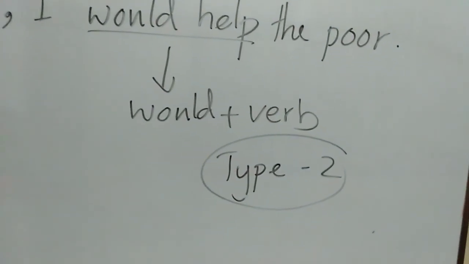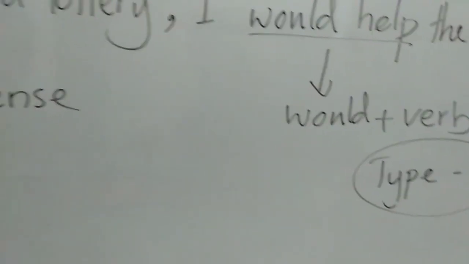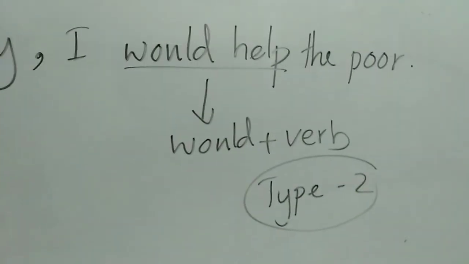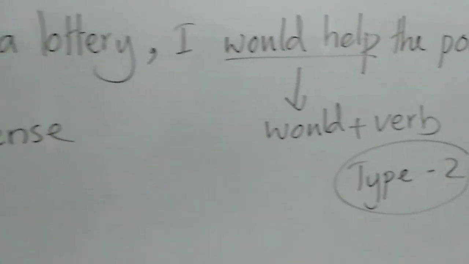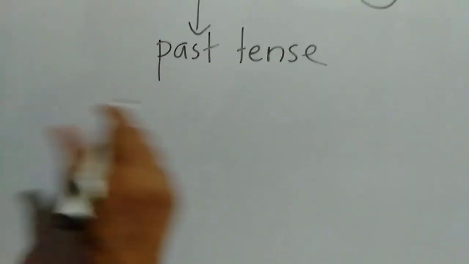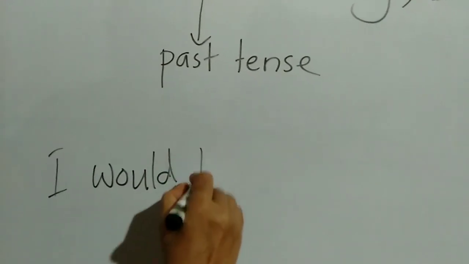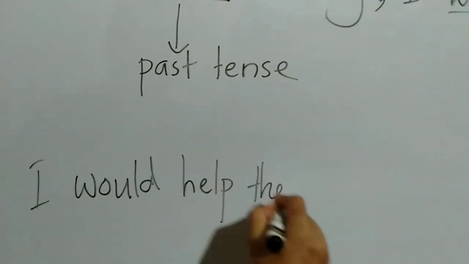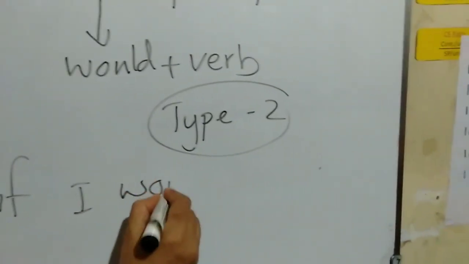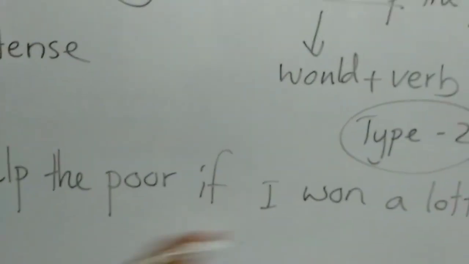Here also you remember, whenever you write the if conditional clause in front, only then you put the comma to separate it from the main clause. You can write in this way also, taking the main clause before the if conditional clause. How could you? I would help the poor if I won a lottery. Here you no need to put a comma.